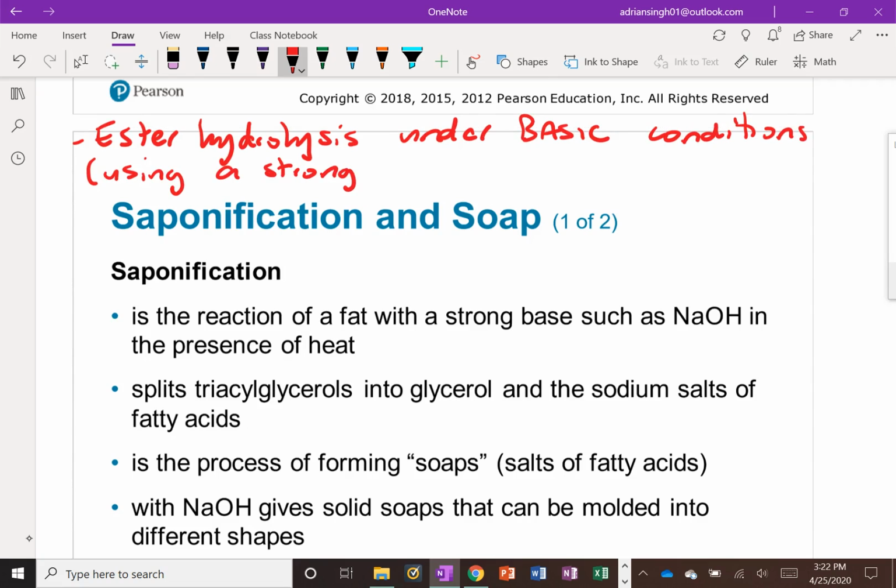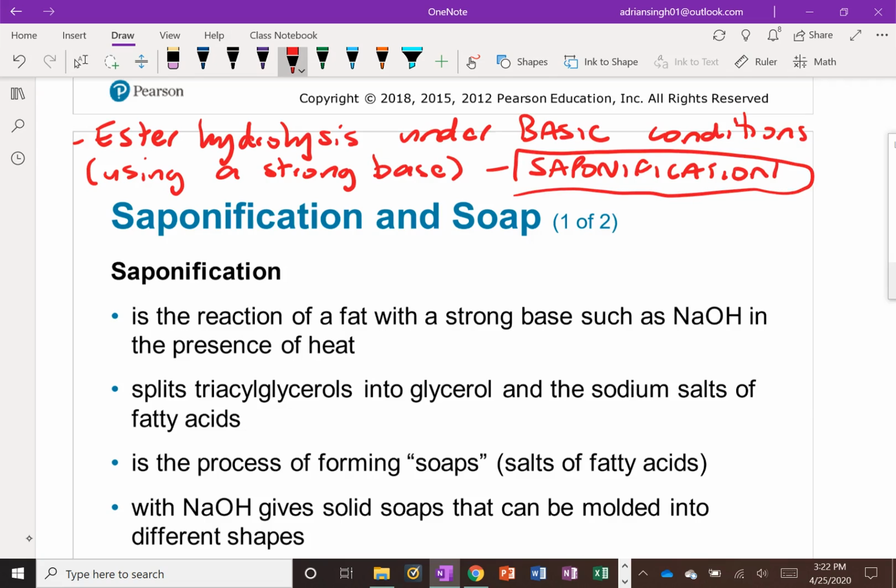We saw that as well in the last chapter. We called that type of hydrolysis saponification, because now we can see where that term actually comes from. The basic hydrolysis of your fats, for instance, the special type of triglycerides that have these saturated fatty acids, that's actually how you make soaps.